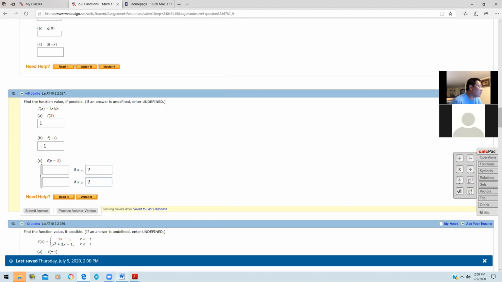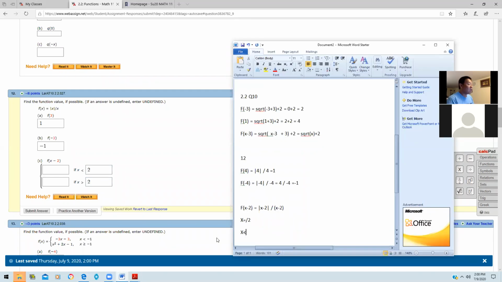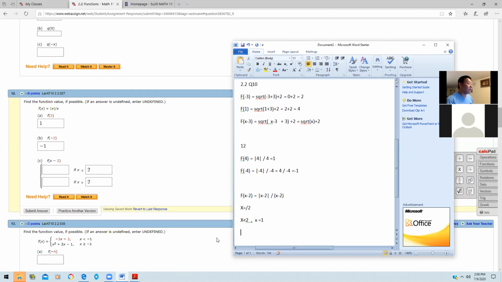Now let's see, if you want to take something that is less than 2, let's take 1. 1 is less than 2, right? So put it into the function. You find out that f of 1 minus 2 in this case is going to be the absolute value of 1 minus 2 over 1 minus 2.